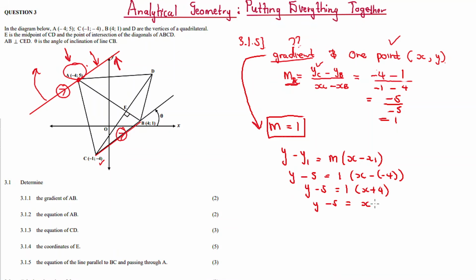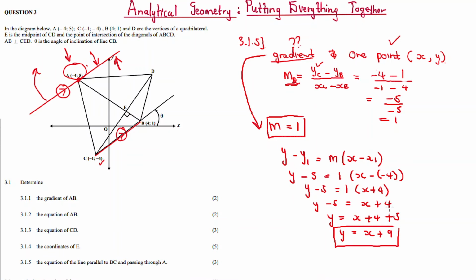I now have x plus 4, and y is equal to x plus 4 plus 5. So that's a 9. y is equal to x plus 9. So this is the equation of the line that passes through A and is parallel to line BC.